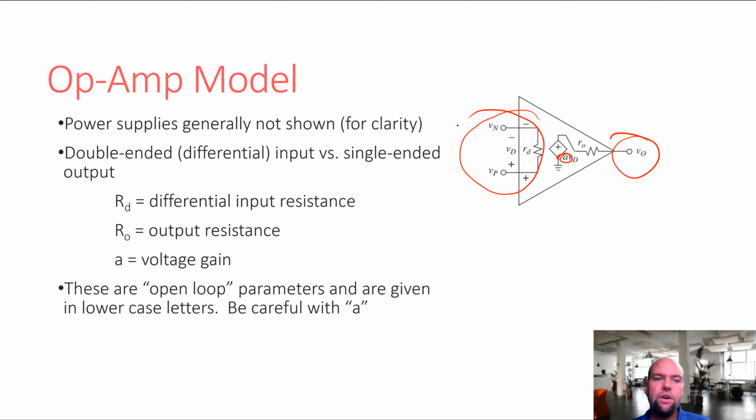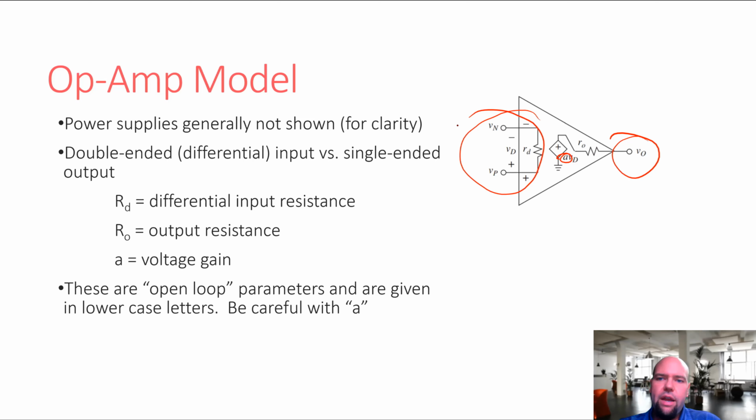The output, though, is usually considered single-ended for an op-amp, meaning that the output is a voltage referenced to the ground reference internal to the amplifier. So we have one terminal for the output and two terminals for the input, even though it's really just an input voltage and an output voltage. By having two terminals as the input, it's implicitly a differential, double-ended input, versus the output, which is only referenced to ground.